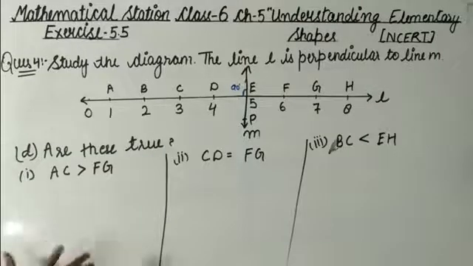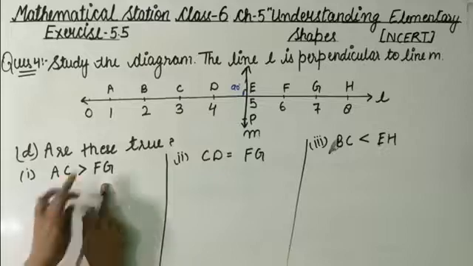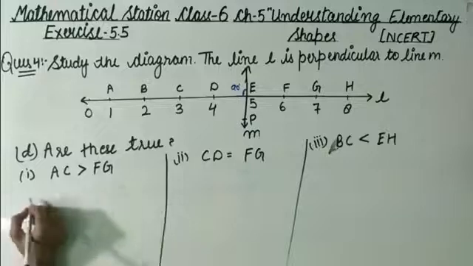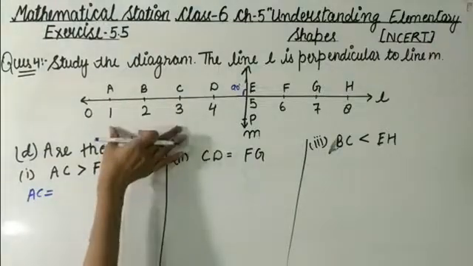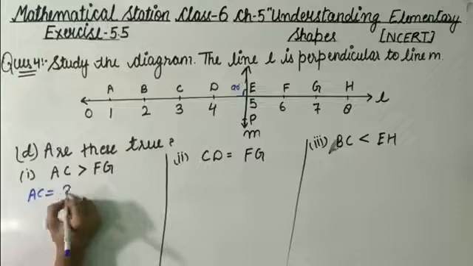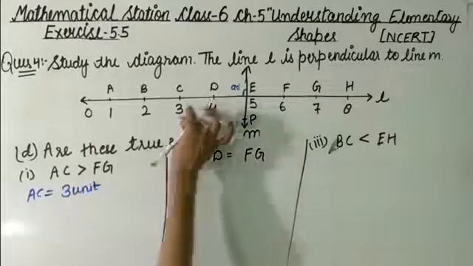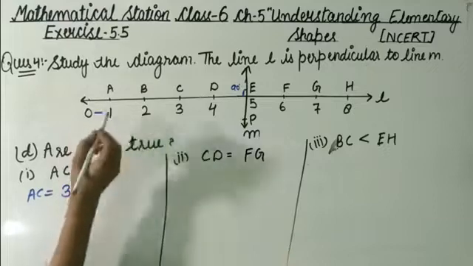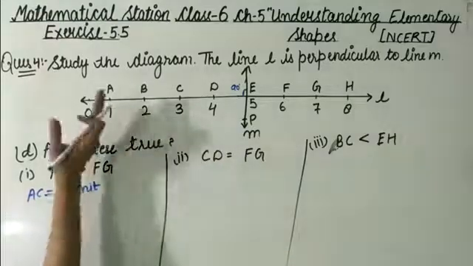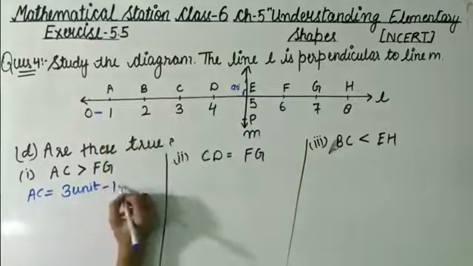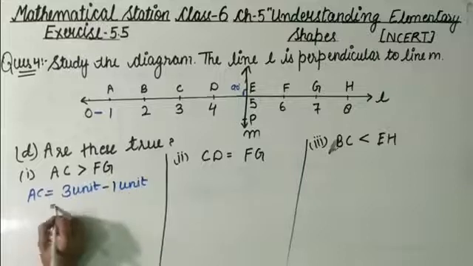Next, part D is: are these true? Here two statements are given to us and we have to answer whether they are true or not. First is AC is greater than FG. Means the length of AC is greater than the length of FG. If we measure AC, then point C is on 3 units, but point A is on 1, so we subtract 1 unit from 3 unit. So AC equals 3 unit minus 1 unit, and the difference is 2 unit.